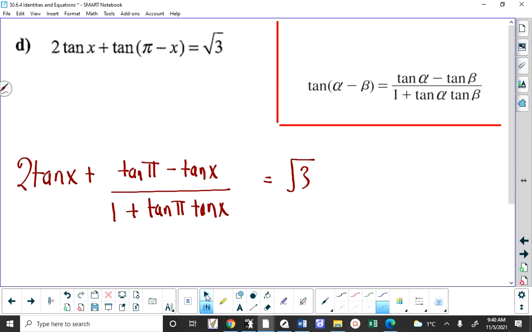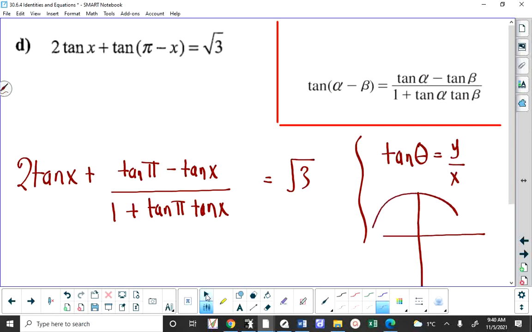Because tangent of pi is a number. It's not like tangent of x, which is variable. Tangent of x is a variable because it has x in it. Tangent of pi, when you think about it, remember, tangent of a rotation angle is the y-coordinate over the x-coordinate, and pi on the unit circle is right here. And the y-coordinate there is 0.